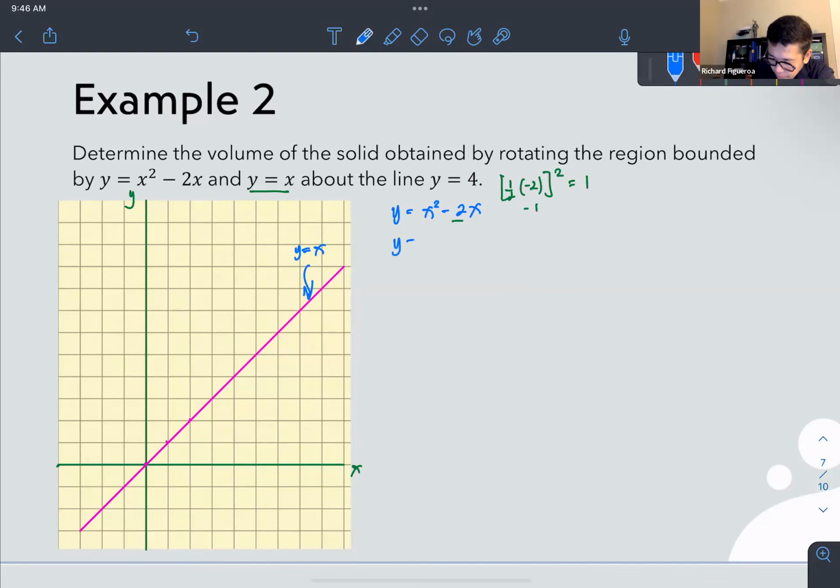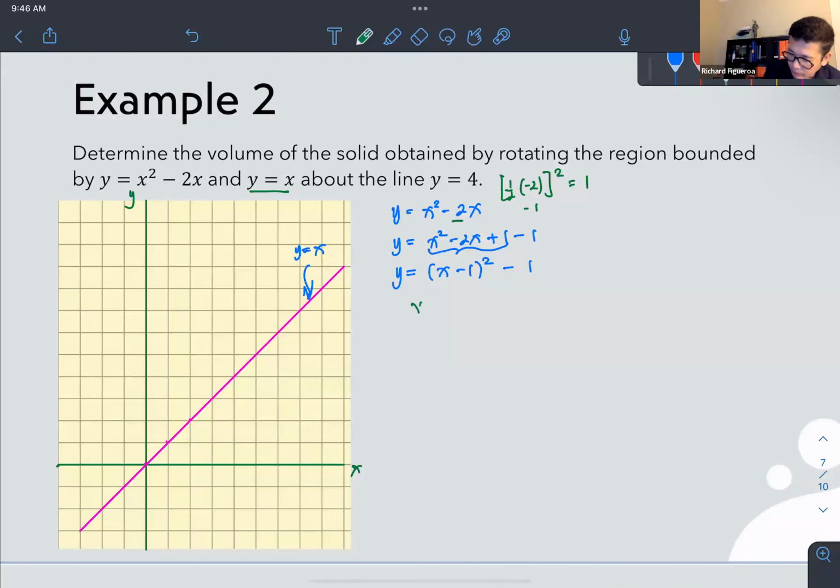So that is what we will be adding here. So x squared minus 2x plus 1 minus 1. So y then will be x minus 1 squared minus 1. Right? So we factor this out.